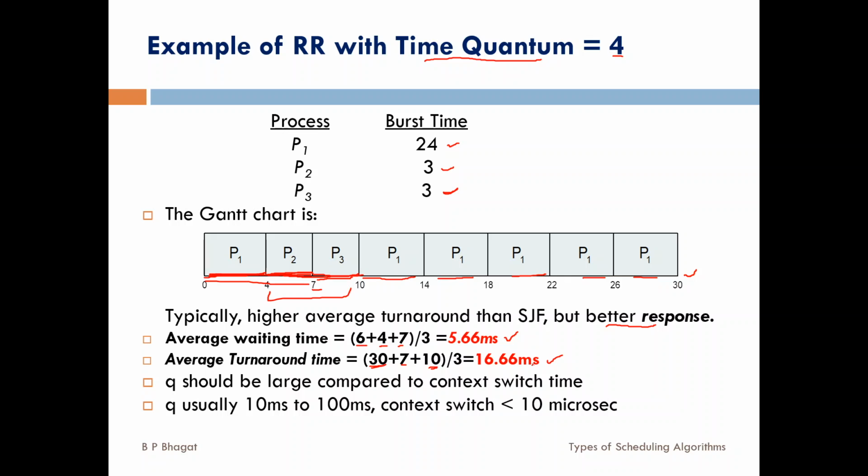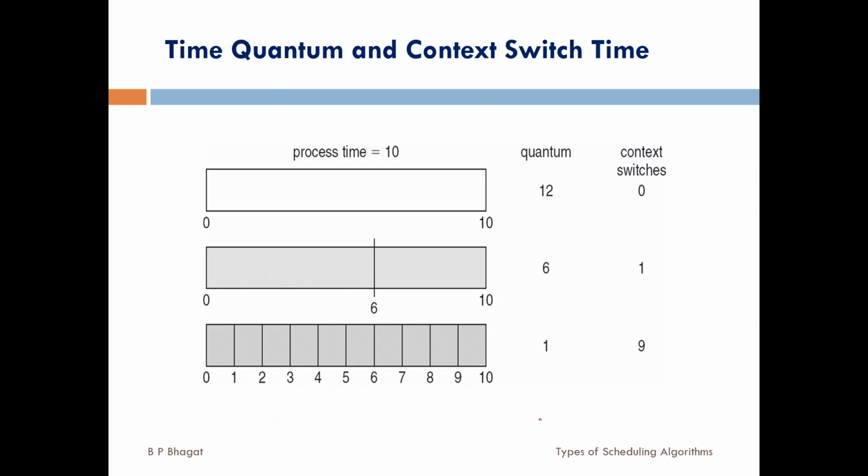So Q should be large compared to the context switch time. Usually the quantum should lie between 10 milliseconds and 100 milliseconds, as the context switch time is generally less than 10 microseconds. So here we can see, for example, we have a process time of 10 milliseconds.